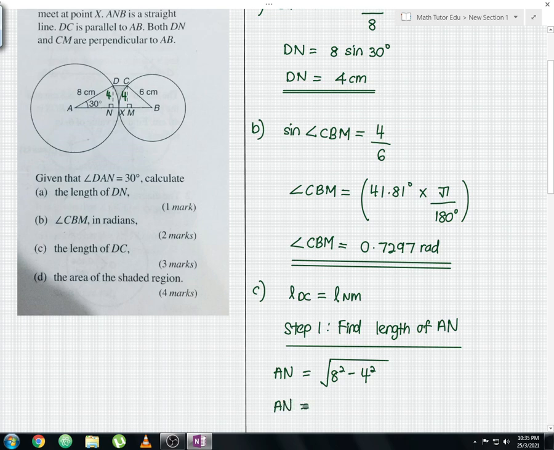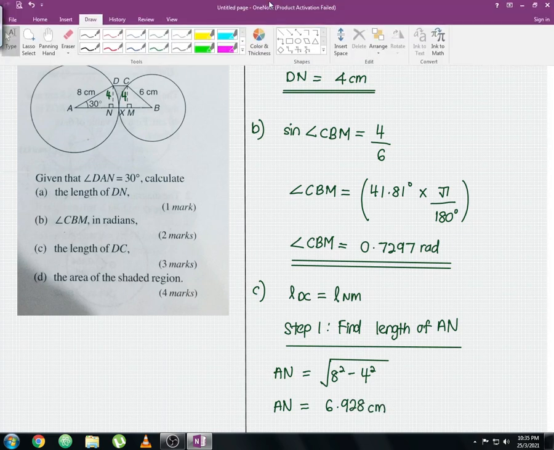Let me press my calculator. So 8 square minus 4 square, square root, you should get 6.928 centimeter. This is for your step 1, you find the length of AN.